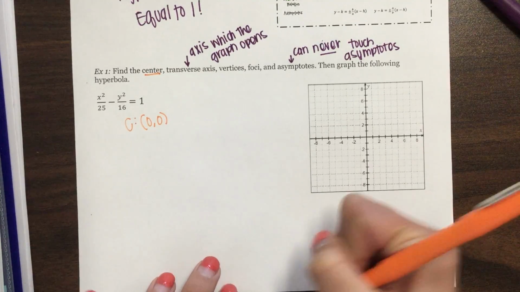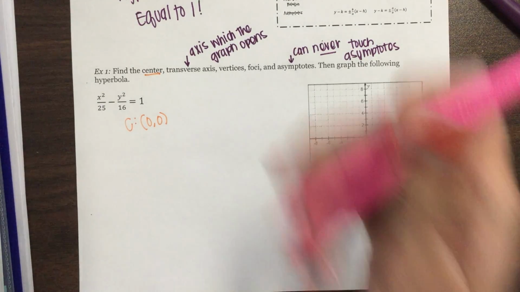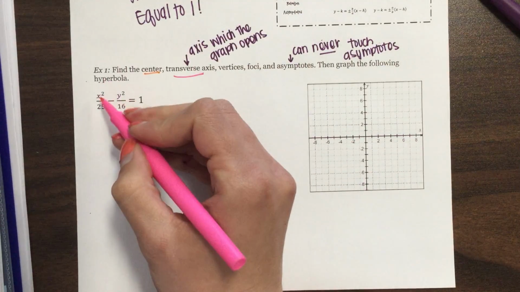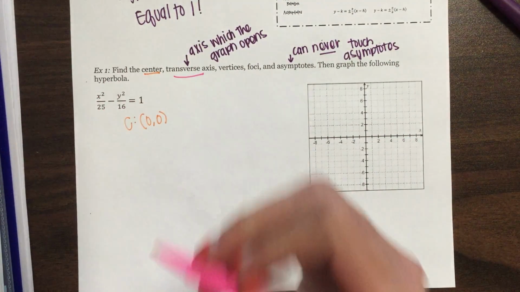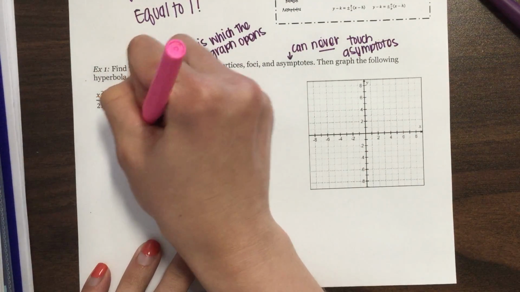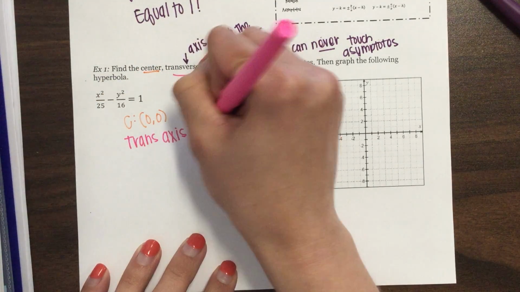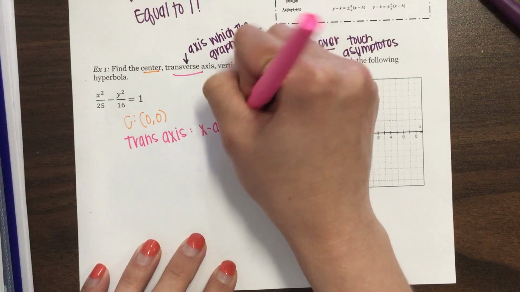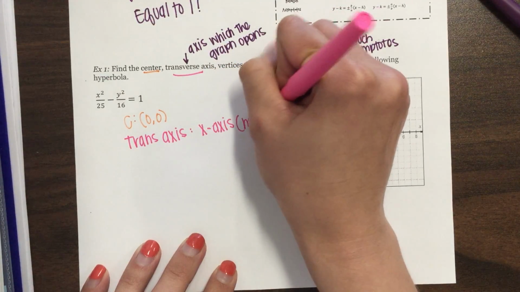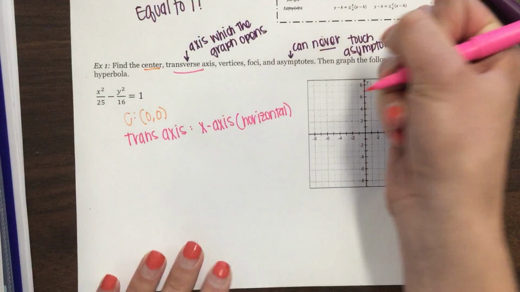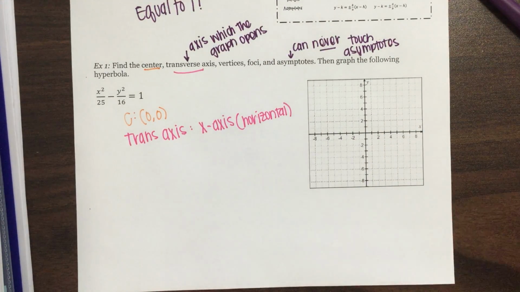Then the transverse axis. We've talked about this already. The x is what came first, so that is my transverse axis. The transverse axis is the x-axis, or the horizontal axis. Now we need to find our vertices.